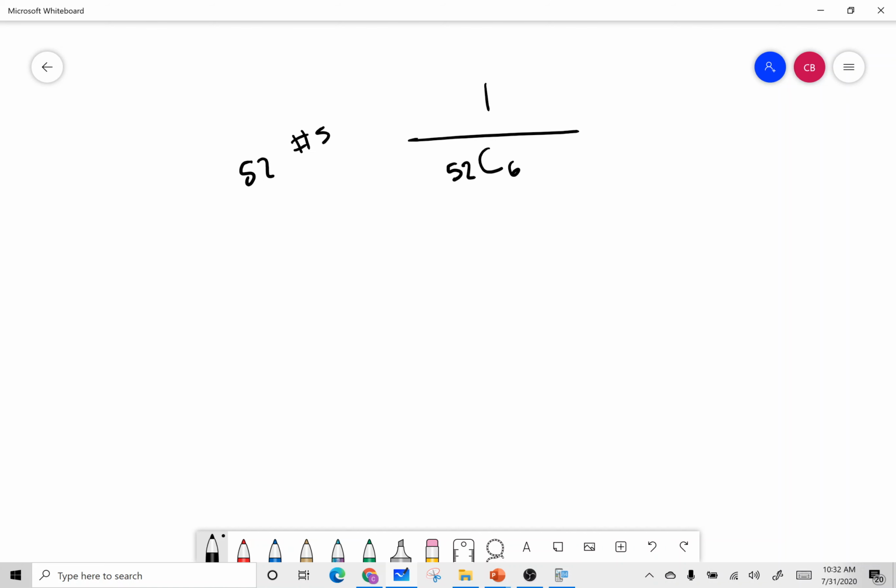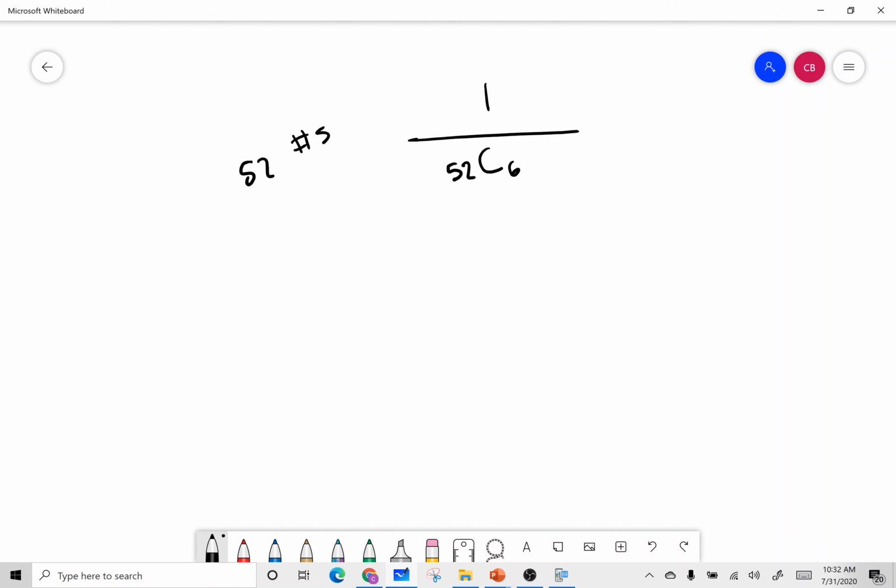You have to choose your numbers, and no matter what order you choose that set of numbers, it's always going to list them from lowest value to highest value. And so there's only one way to pick that ticket. And then you have 52 choose 6.